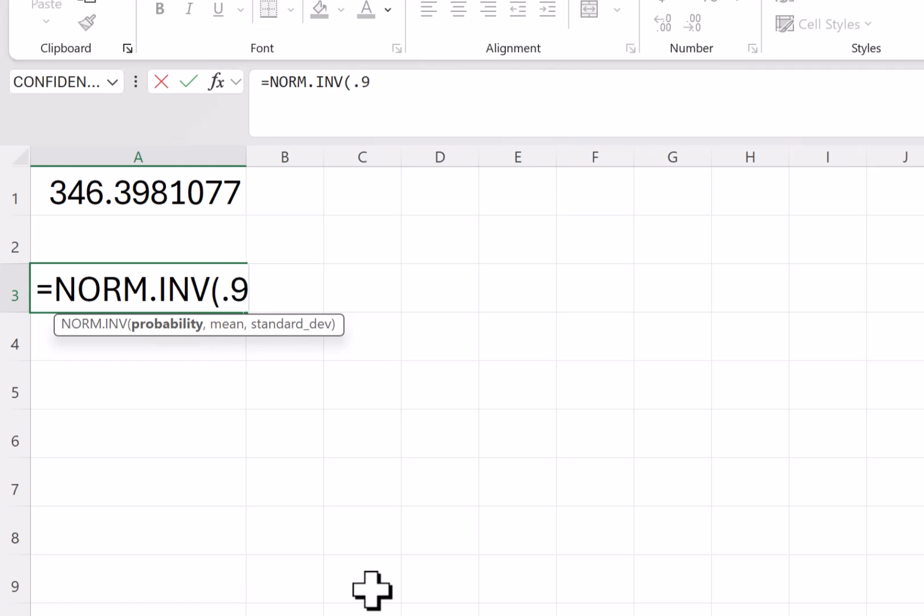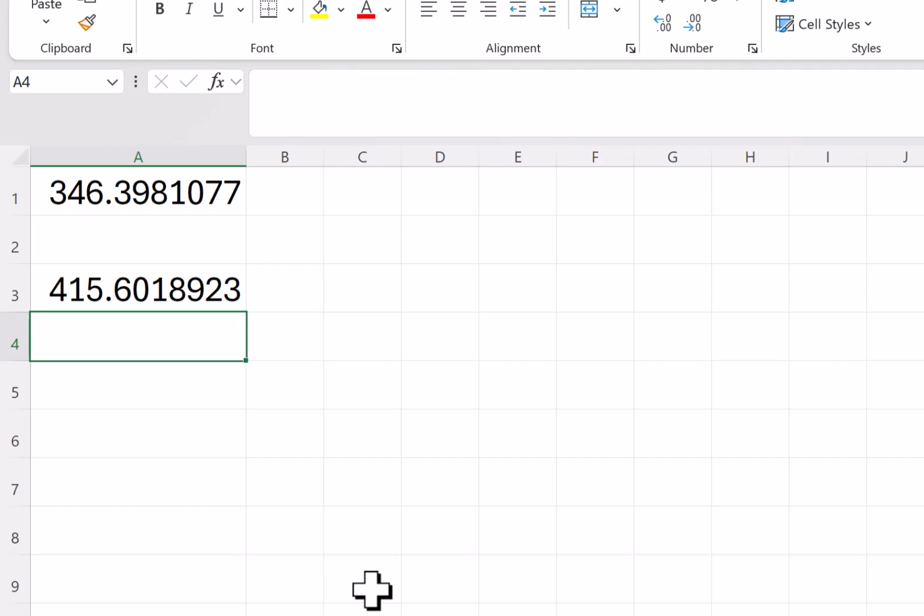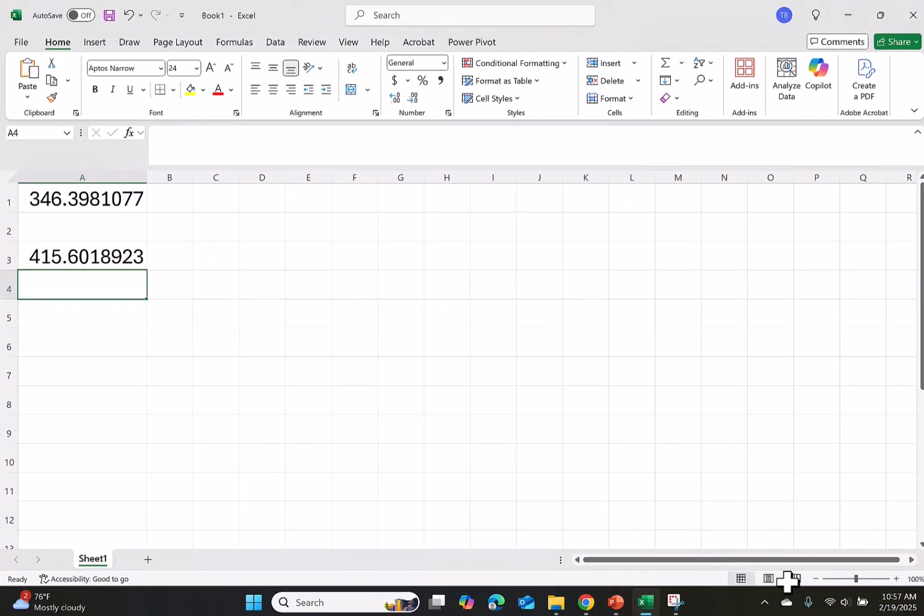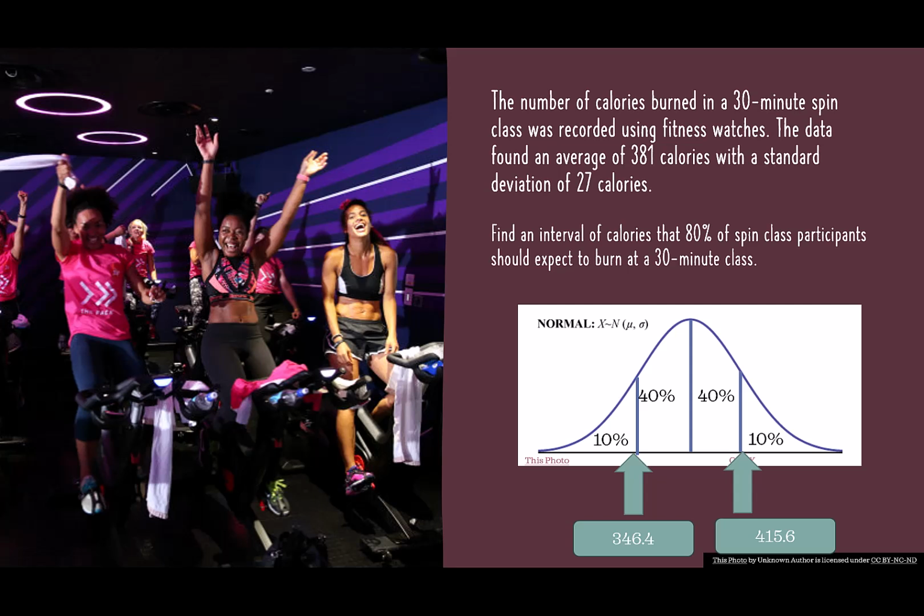This time we put in 0.90 for the 90th percentile, 381 for our mean, 27 for our standard deviation, and we get 415.6. This says that 80% of participants should expect to burn between 346.4 and 415.6 in this 30-minute spin class.